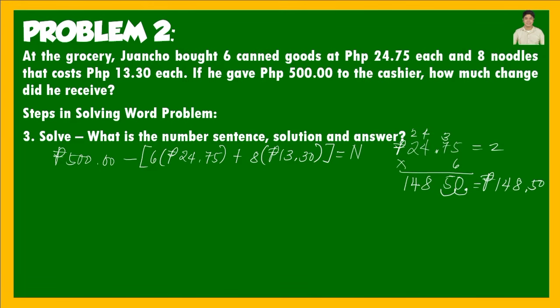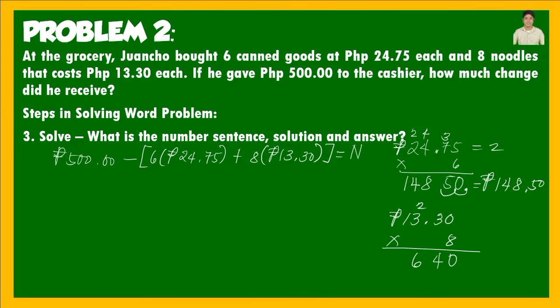And then dito naman tayo sa 8 and 13 pesos and 30 centavos. So 13 pesos and 30 centavos times 8. 0 times 8, that is 0. 3 times 8, we have 24. So isulat natin 4 and then carry 2. 3 times 8, that is 24, plus 2, 26.